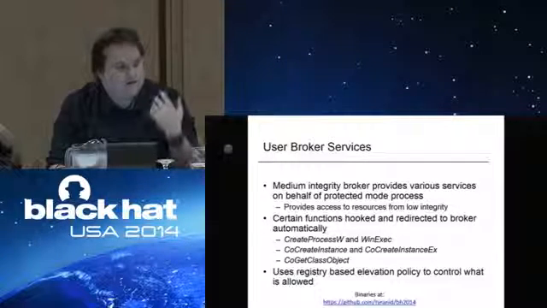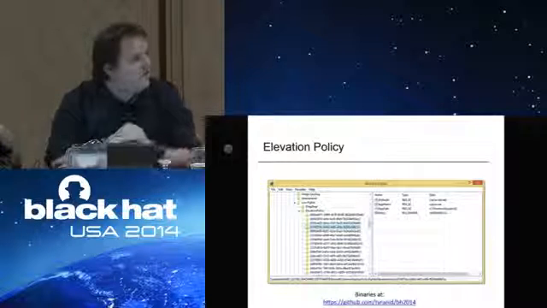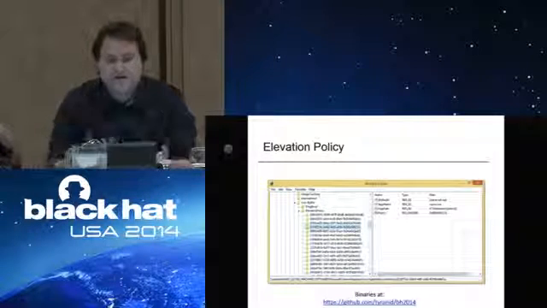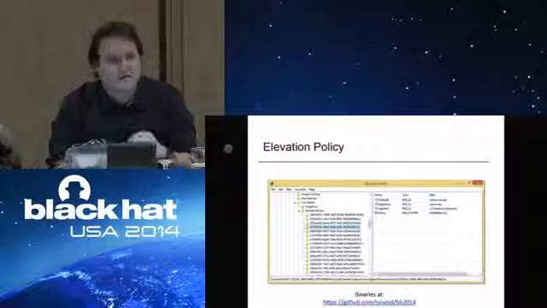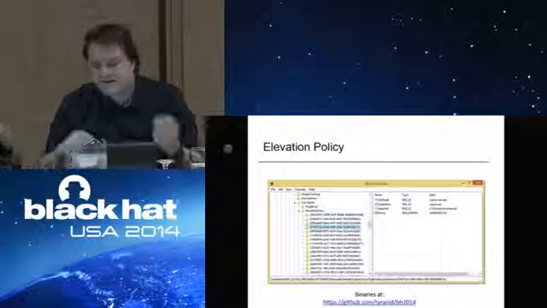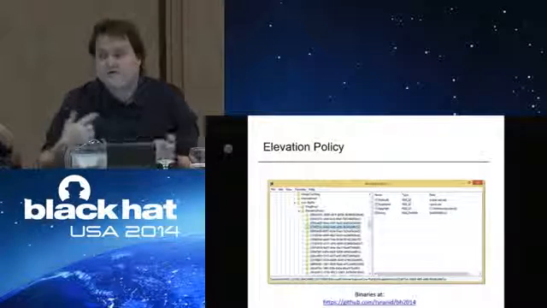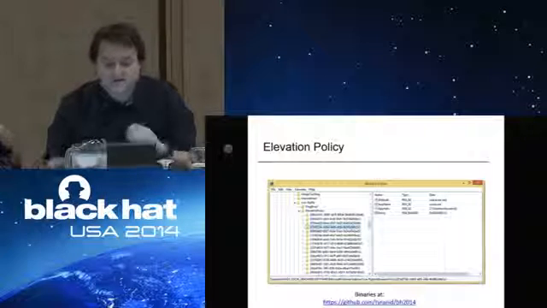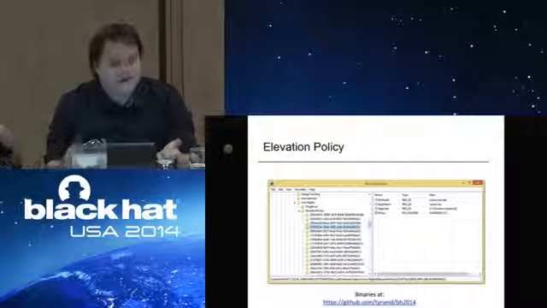And it does this security decision through an elevation policy. The elevation policy is something written into the registry and contains basically the information about what processes are allowed to run, and what COM objects are allowed to instantiate. And I'll show that in a bit more detail later as we go into my methodology of finding bugs. But basically, you can just see this in the registry, and it's effectively documented.